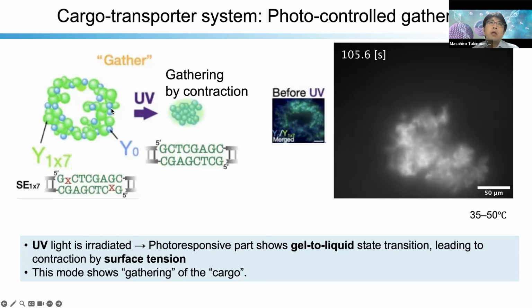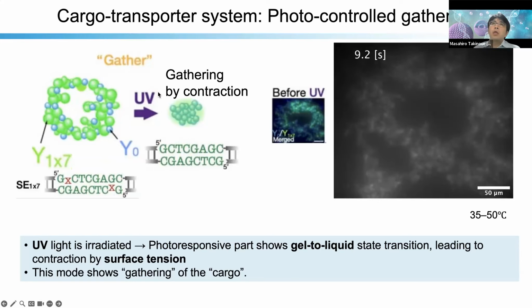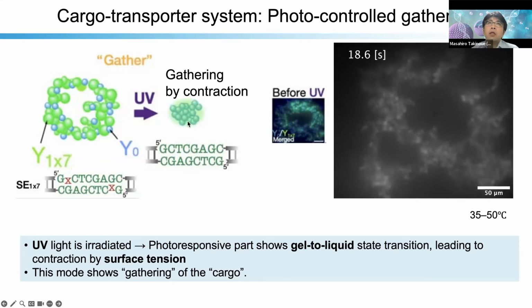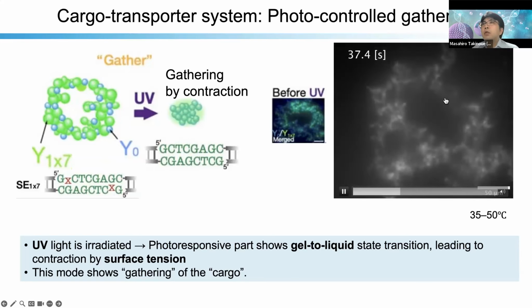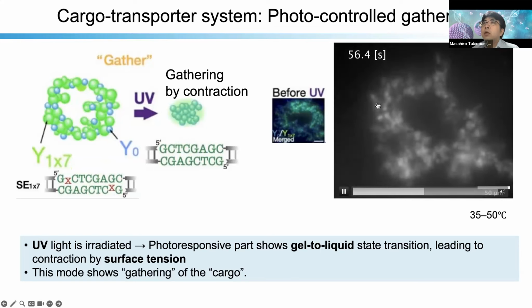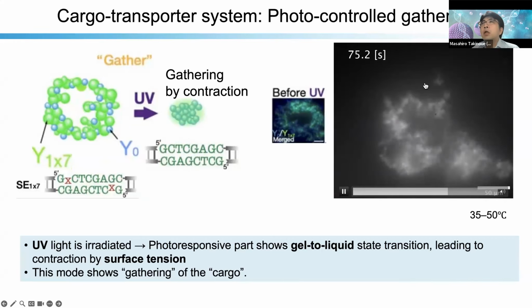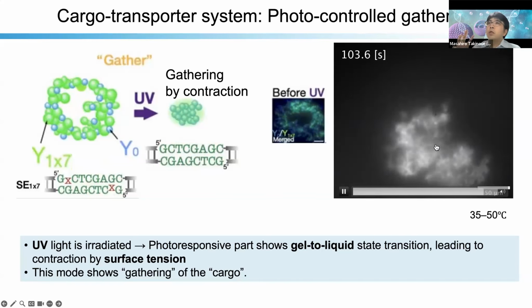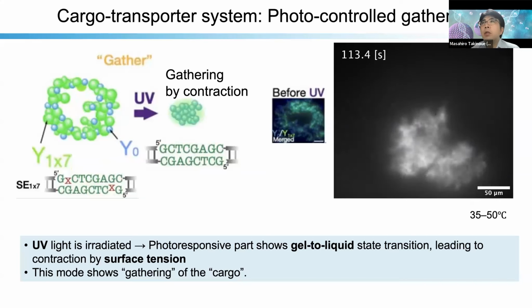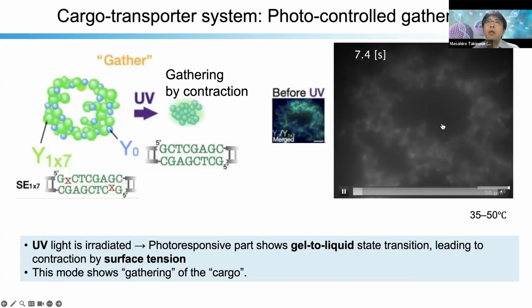Then the non-photoresponsive DNA particles here, the blue ones, can be gathered by the DNA liquid green part like this. This is the result. As you see, the white dot is the blue part, and maybe you cannot see the green part here. But by the UV radiation, the blue particles gathered into the center of this movie like this.